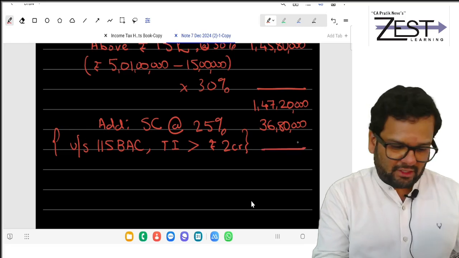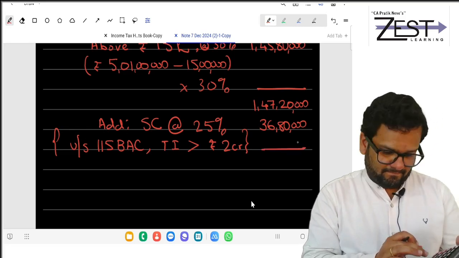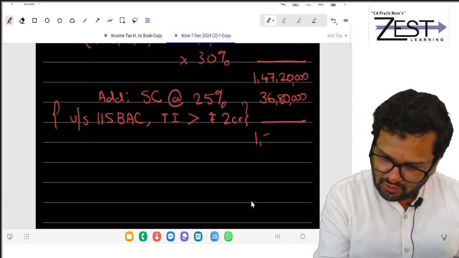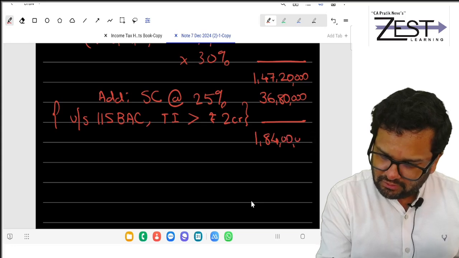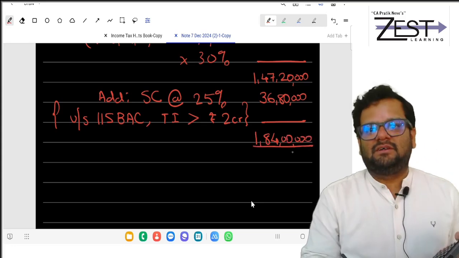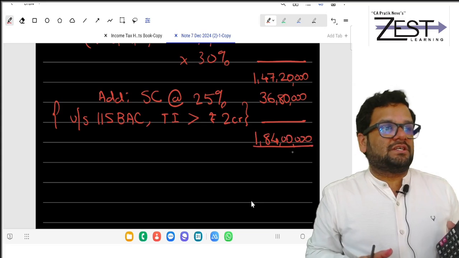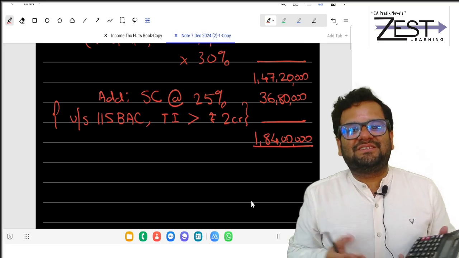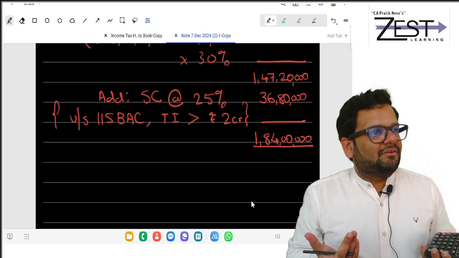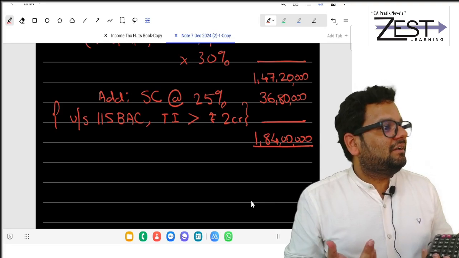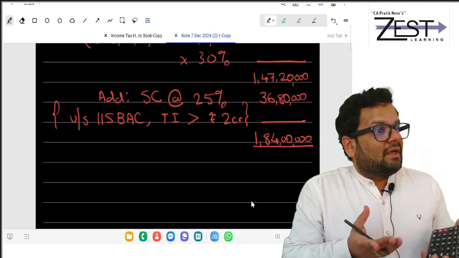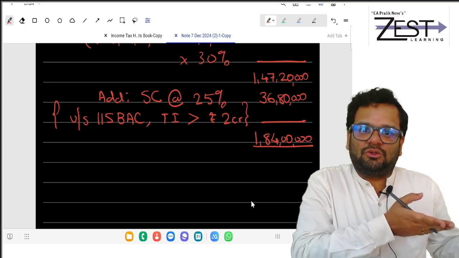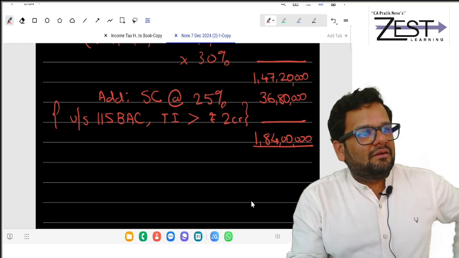So friends, now tell me, you are supposed to pay 1 crore 84 lakhs, but I don't think you need marginal relief here. You don't need marginal relief here. Why? After 2 crore, you have to pay at 25%.